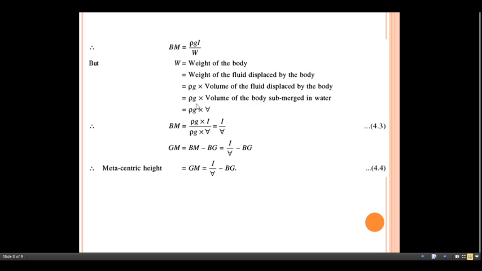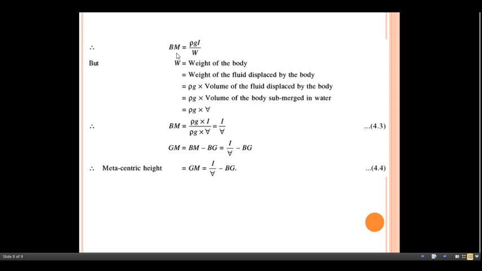This equals rho g times the volume of the body submerged in the water, which we can represent by V.